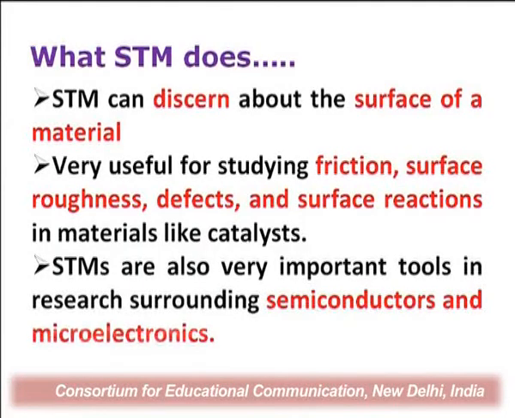Now what can we do with this STM? The STM can discern the surface of a material, meaning we can find out the surface properties by using the STM. It is very useful for studying friction, surface roughness, defects, and surface reactions in materials like catalysts.